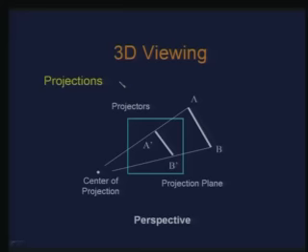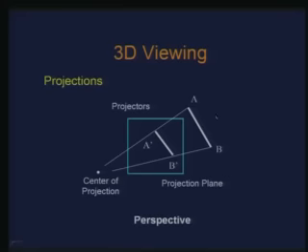3D viewing is something we also perform. We have the idea of what the three-dimensional scene is, and there is a two-dimensional image which gets formed in our visual system. So, the analogy is similar. Now, let us say I have a line AB.